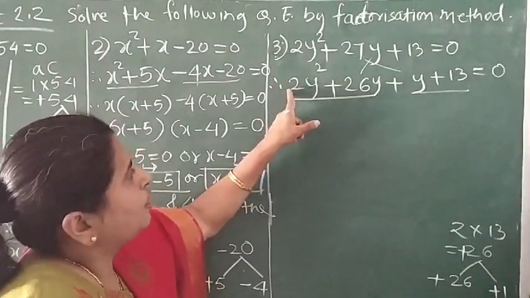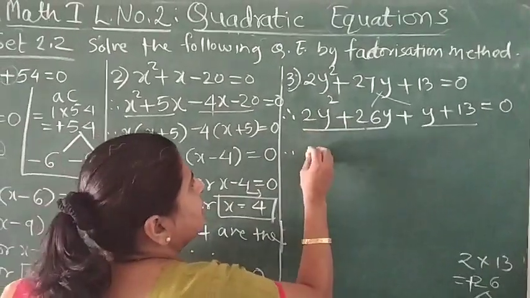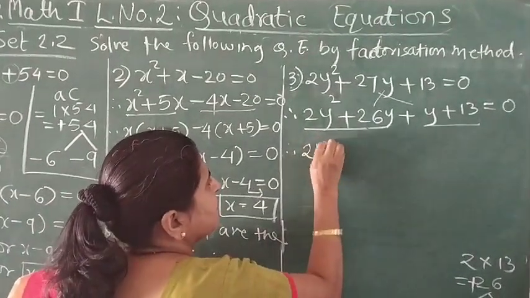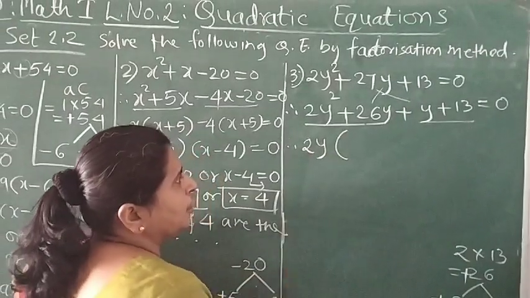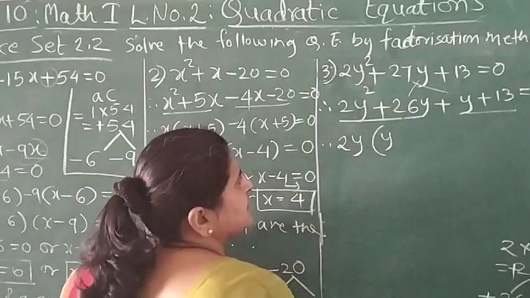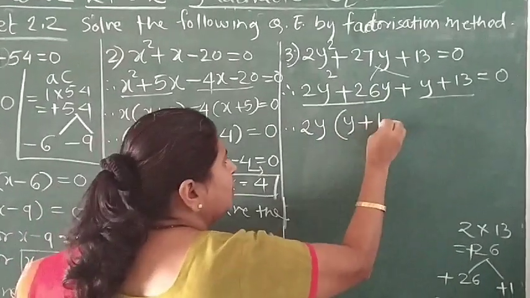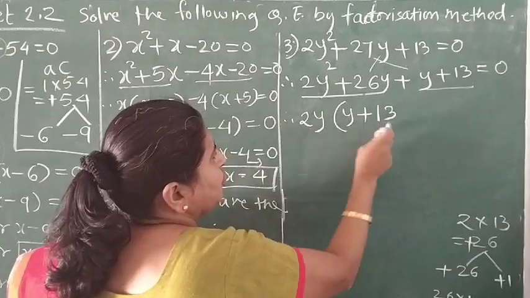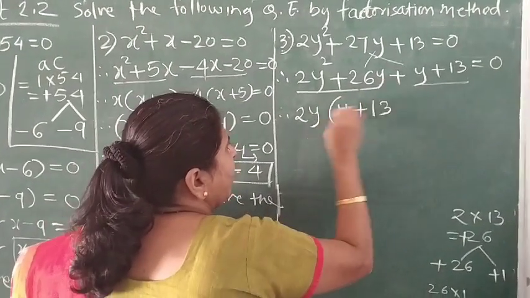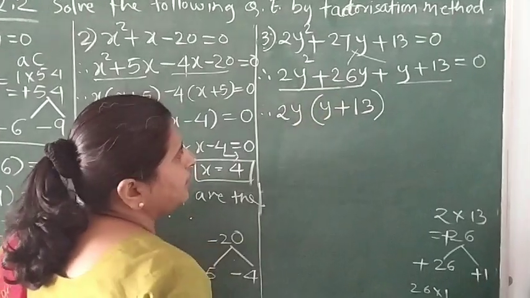Might, not always. Now 2 and 26, if we compare, yes, 2 is divisible into both. So we're taking 2 common as well as y. What remains uncommon? 2y, we have taken y, 1 extra y is there because it's y squared. Plus 2, how many is 26? It is 2 13s or 13 twos are 26. Already we have y. So this is common 2y from these two and uncommon here.